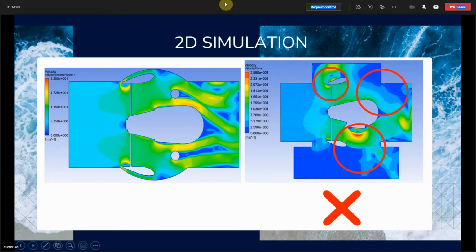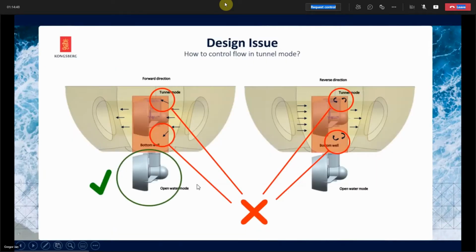With an azimuth thruster, ships get propulsion and steering, so you can basically maneuver the ships. And the combined azimuth thruster, which is a specific kind of thruster, has two operation modes: open water mode, which is used most of the time by ships, and tunnel mode, when the thruster is retracted back and can be used in shallow waters.